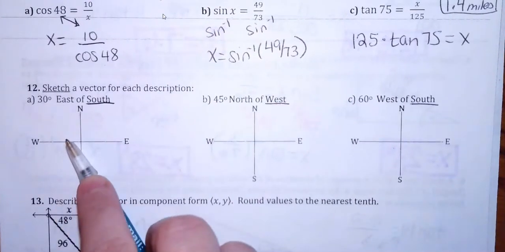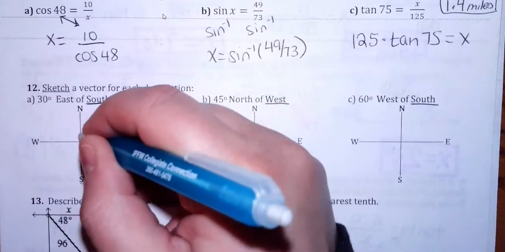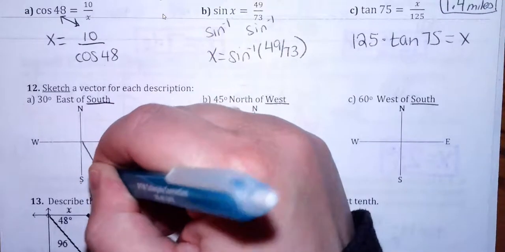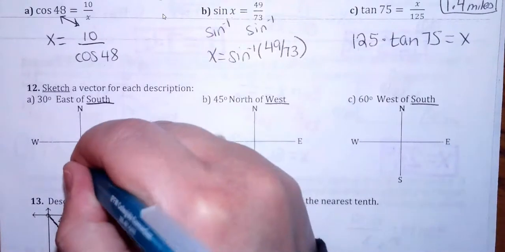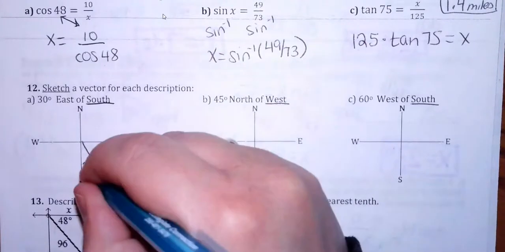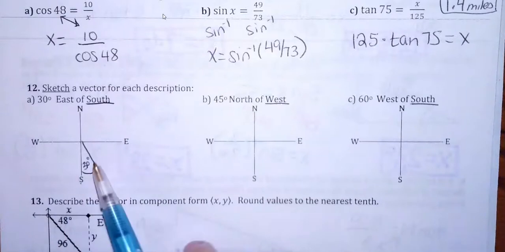The angle should be between the south axis here and the east side. And I'm just going to kind of estimate here. Exactly halfway in the middle would be 45 degrees. So I'm going to go less than halfway here to kind of estimate that, put the 30-degree angle, and that measures from the south to the east, so east of south.